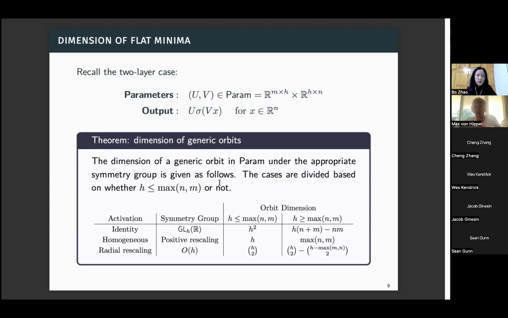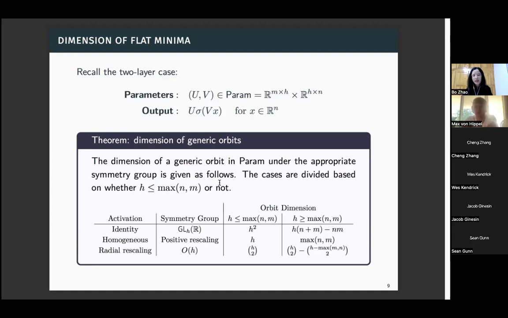When the activation function is the identity, which gives us linear neural networks, the symmetry group is the entire general linear group, and the dimension of the symmetry group is h squared. When the hidden dimension h, the dimension between the two matrices, is small, the orbit dimension is the entire group dimension.